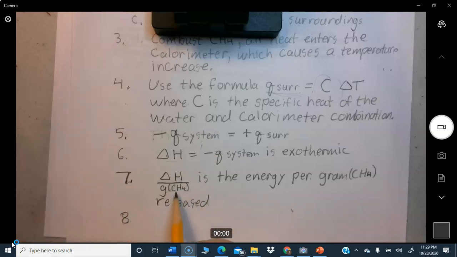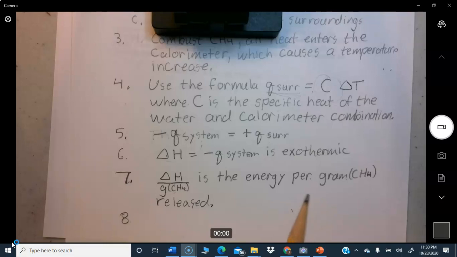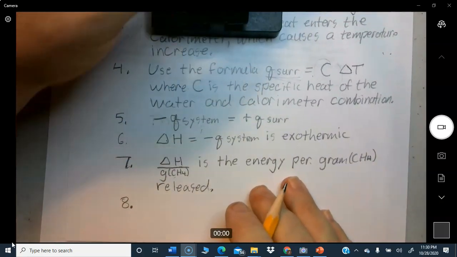Okay, so we just divide that by the number of grams of CH4, not of water, not of anything else. That would be the energy per gram CH4 released. And with something like CH4, we want to know that, because that's the whole purpose of burning CH4, is to get energy. We're not making something when you do this type of reaction with a hydrocarbon. You're just trying to get energy out of it.